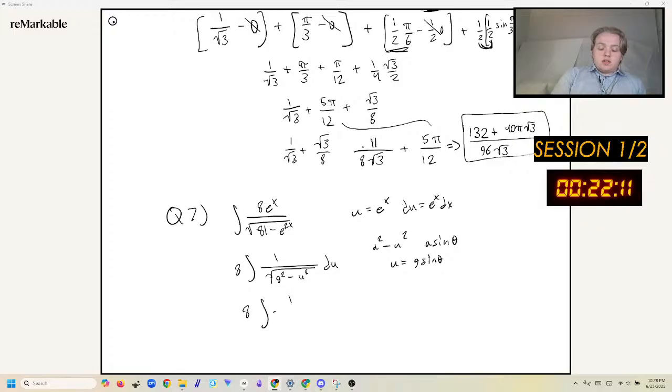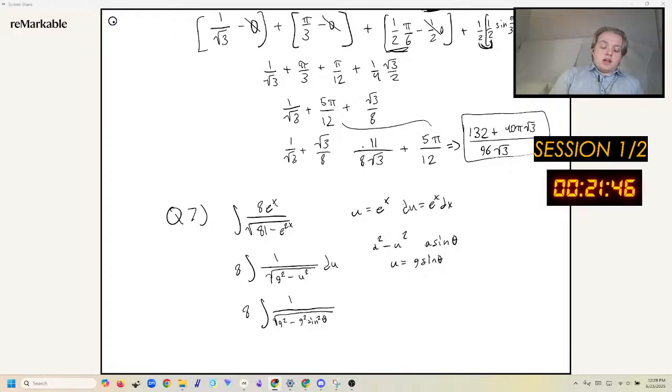So 8 times the integral of 9 squared minus 9 squared sine squared theta. Basically just, since u is 9 sine theta, and we have a u in here, we're just squaring both of the terms.